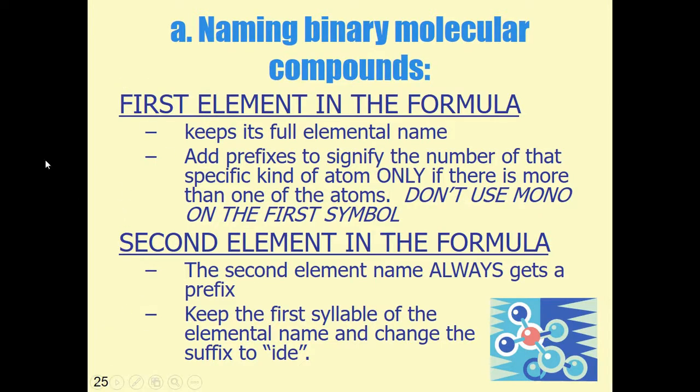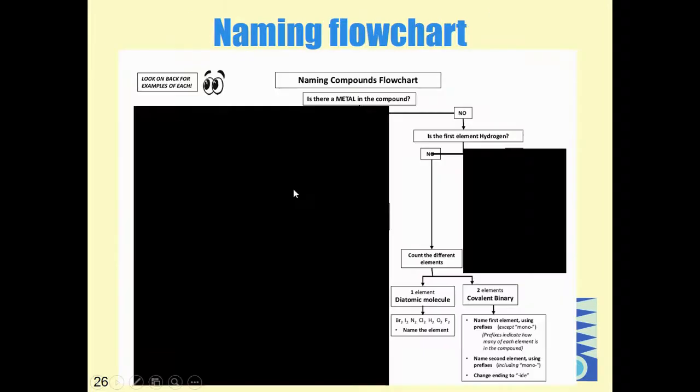Okay. Now let's look at our flow chart so you can see how this flow chart works. I've blocked off all the parts that are not relevant right now. So we're going to start with the flow chart. First question the flow chart asks you is, is there a metal in the compound? And I'd like you to make a change to your flow chart at this point.